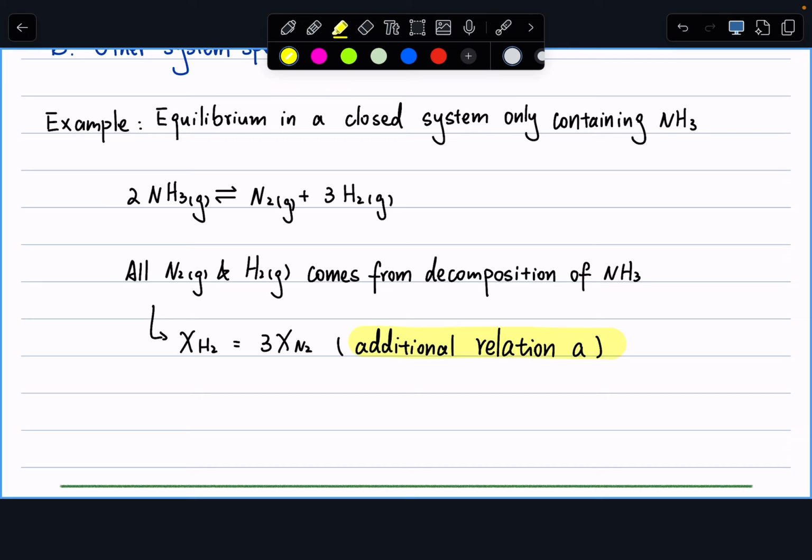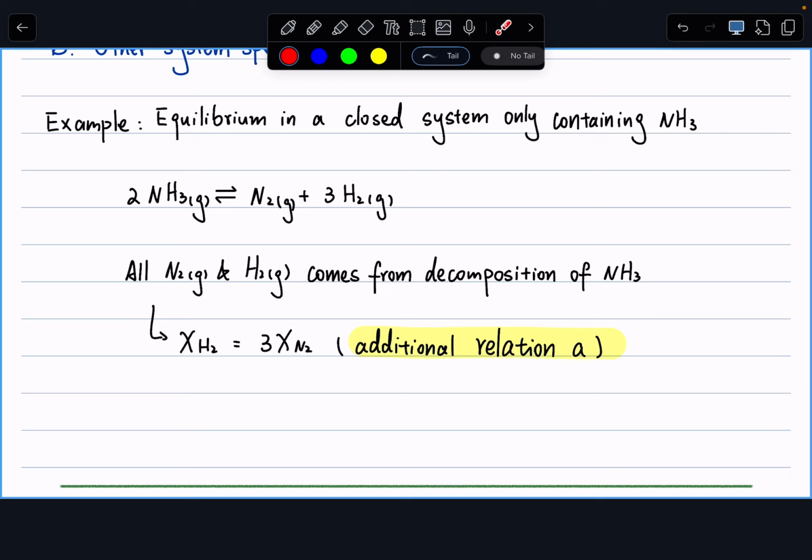It's more like system by system. And that's minus A, for additional. In this case, what would A equal? 1, right, because we have this one relationship between H2 and N2. And also NH3. It's just the relationship of the mole fractions of the three components we have.